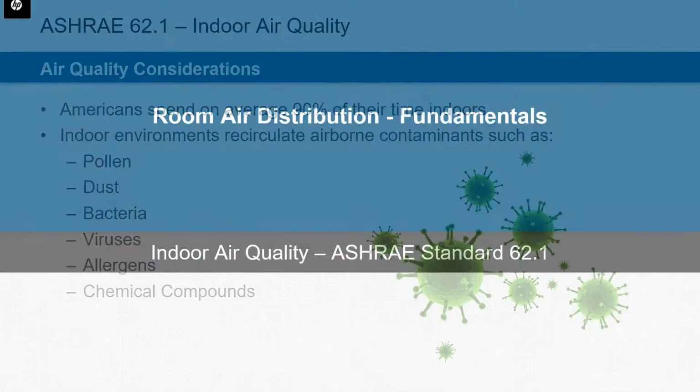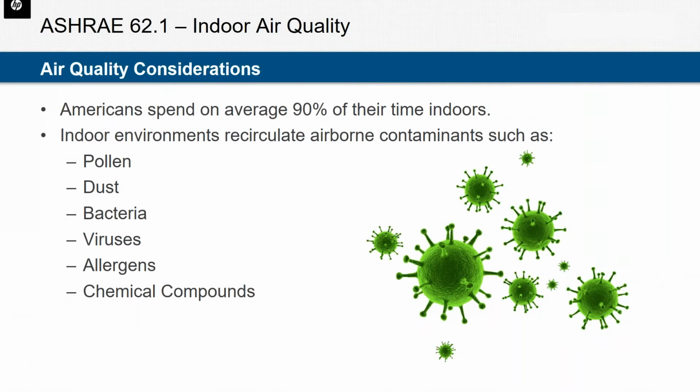We'll look at ASHRAE 62.1. This is the standard on indoor air quality. So this is no longer about thermal comfort, but more about the quality of the air itself. We, as occupants, spend about 90% of our time indoors, and thus we're pretty dependent on the cleanliness of the air from our ventilation system.